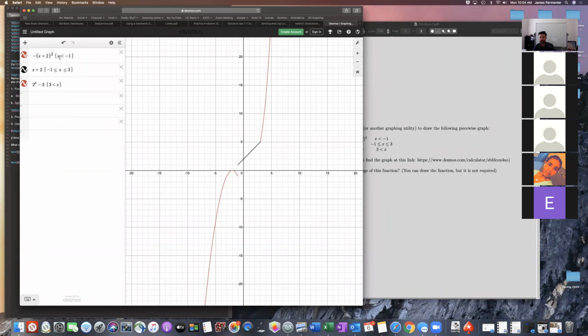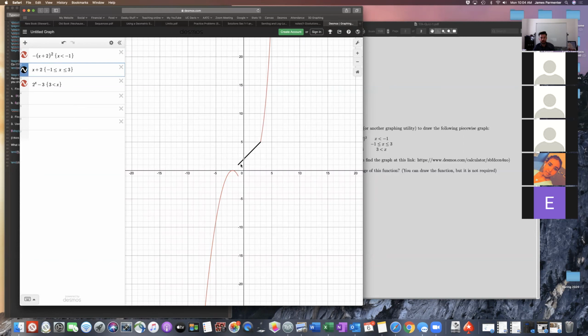So it's negative (x plus 2) squared when x is less than negative 1, x plus 2 when x is between negative 1 and 3 inclusive, and it's 2 to the x minus 3 when x is larger than 3. So we can follow the graph here, right? We can plot points, and we can see that you don't quite get the point negative 1, right? It's not quite there. And then we do get the point negative 1, 1, 0, 2, and so forth.